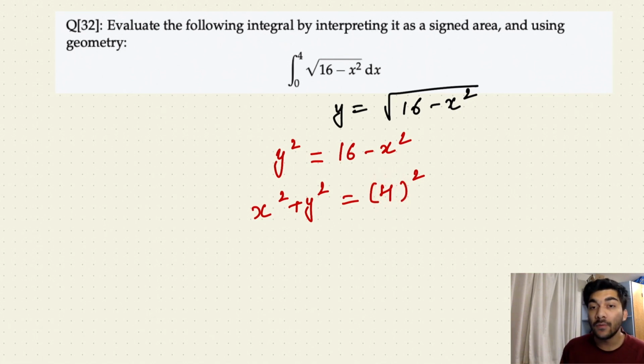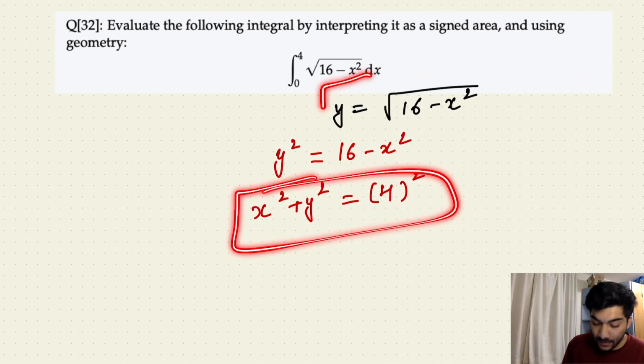But there is one more important thing you have to take into consideration. This equation is the equation of a circle with radius 4 centered at the origin, but our original function is y equals square root of 16 minus x square, and I know that the square root always gives me a positive value.